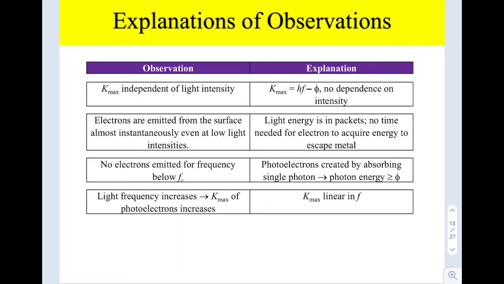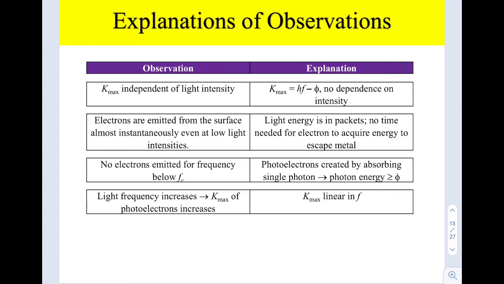Now the explanation of the observations in the correct way, in modern physics, or what we also call quantum physics. The observation: kinetic energy maximum of the photoelectron is independent of light intensity. Why is it so?